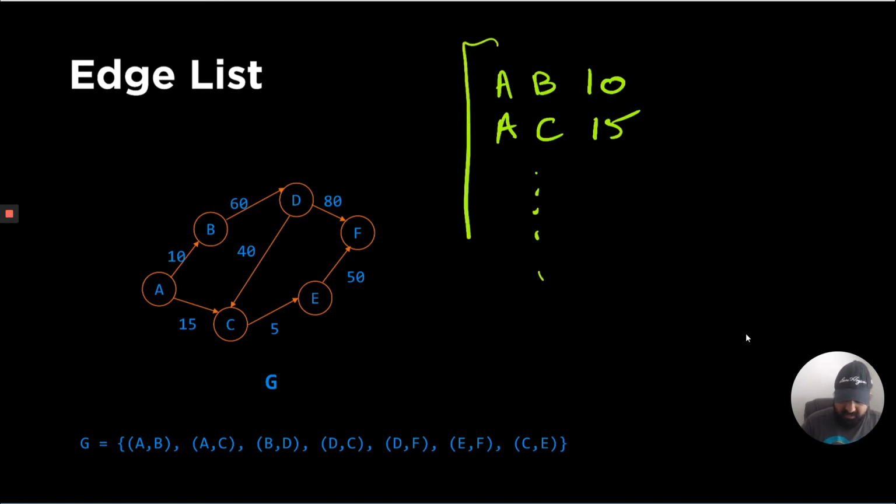We can represent this graph in a data structure which stores all the edges, one per row.